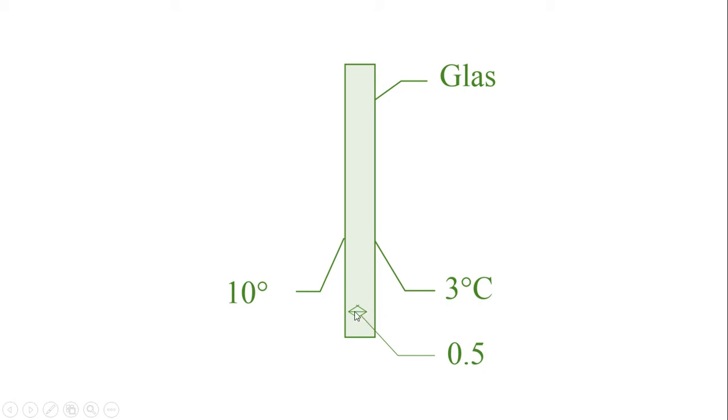The thickness of this glass window is 0.5 centimeter, and the overall area is 2 by 2 meter square. It means that 4 meter square is the surface area of this glass.